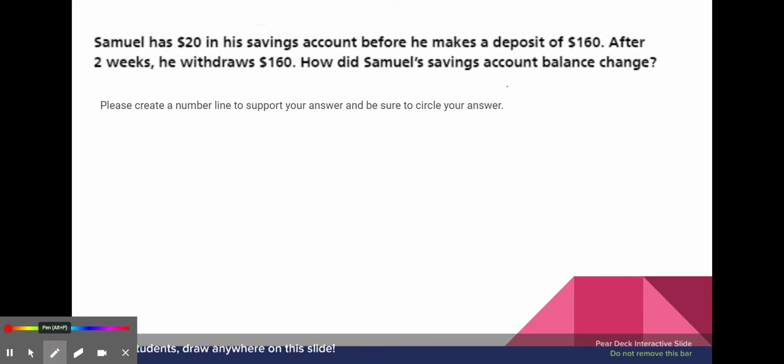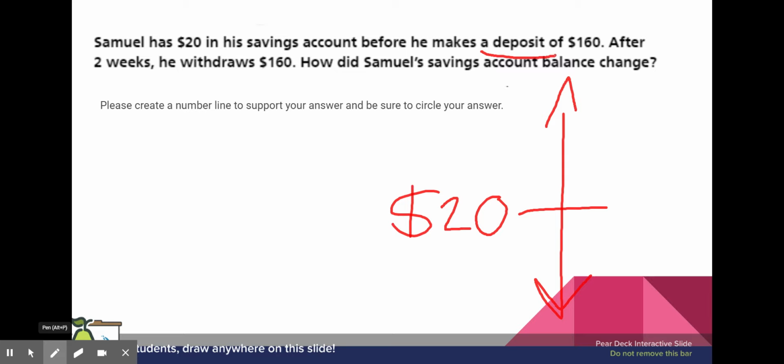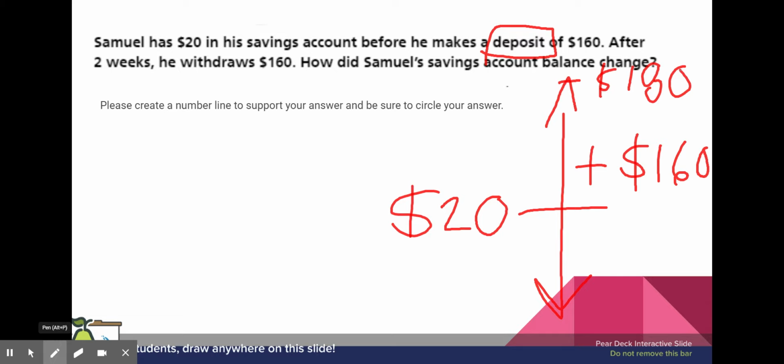Okay, so then it says he makes a deposit of 160. Remember, deposit means we put in. So he's at 20 and we put in $160. Okay, so he's at 180. Not that that matters, but let's just mark that. It kind of matters. After 2 weeks, he withdraws the 160.